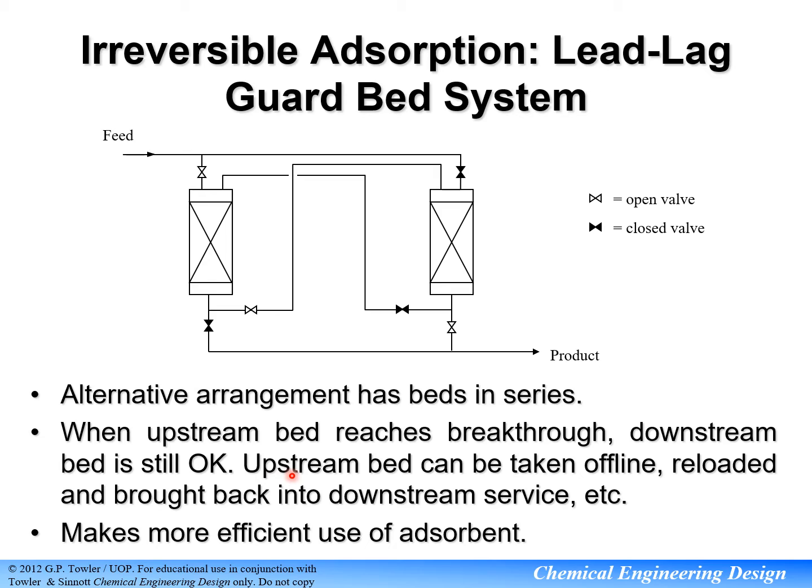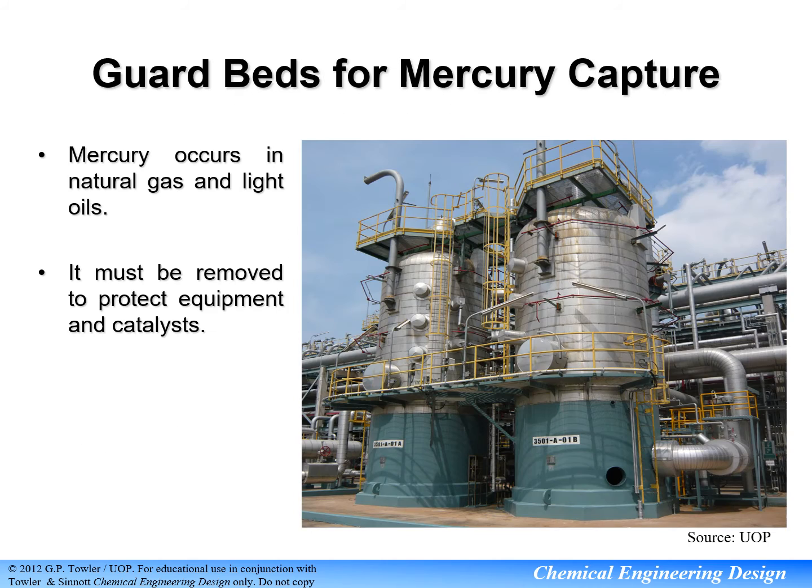So the upstream bed can be taken offline, reloaded and brought back into service downstream. This configuration makes more efficient use of adsorbent compared to the previous one. This is a real industrial figure of a guard bed for mercury capture. Mercury occurs in natural gas and also light oils, and it must be removed to protect the equipment and catalyst.